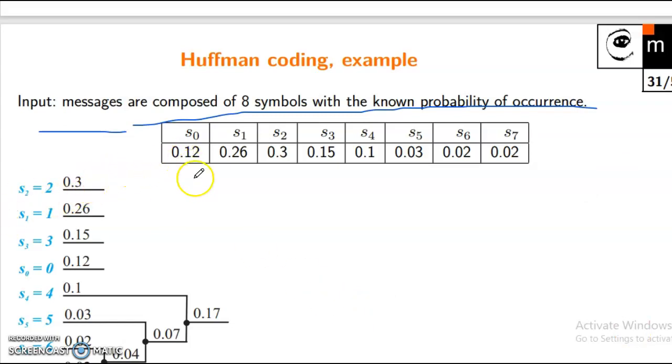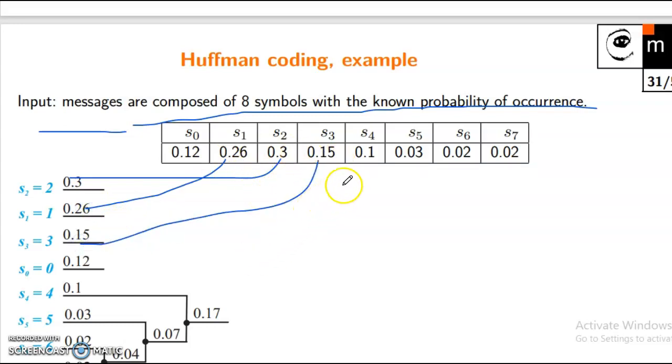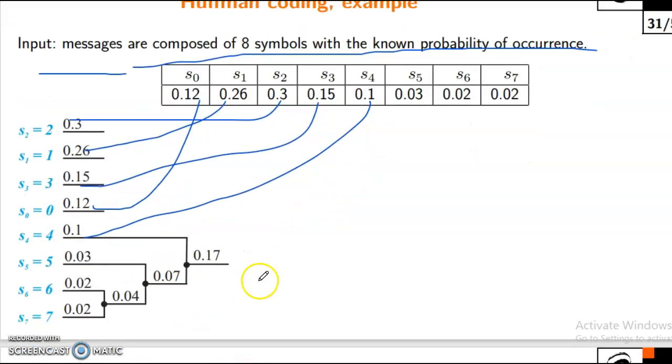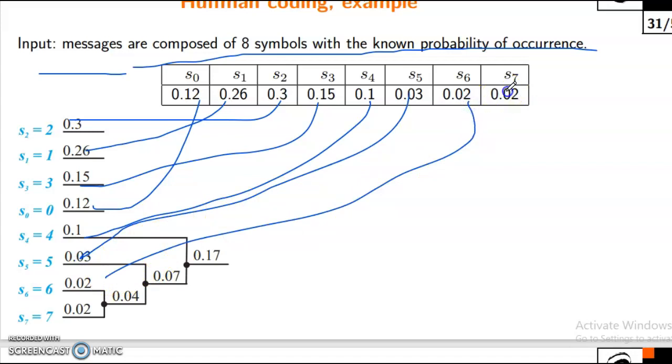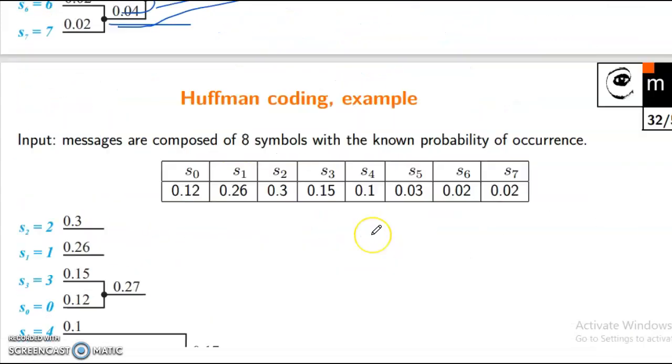S2, 0.3, S1, 0.26, 0.15, 0.12, 0.1, 0.03, 0.02, 0.02. So 0.04, then 0.07, then 0.17.